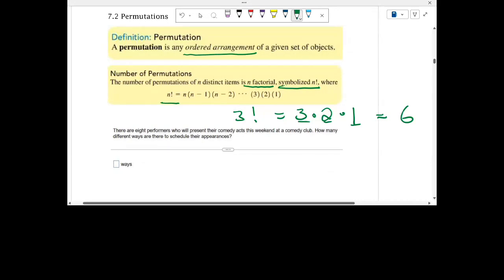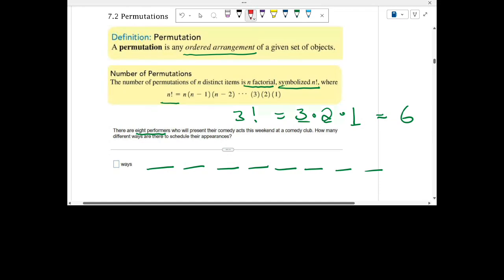Let's take a look at the first problem. It says there are 8 performers who will present their comedy acts this weekend at a comedy club. How many different ways are there to schedule their appearances? First thing is we have 8 performers, so 1, 2, 3, 4, 5, 6, 7, and 8.